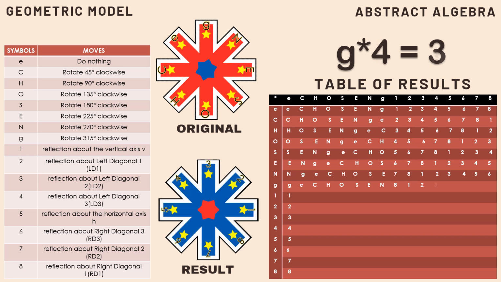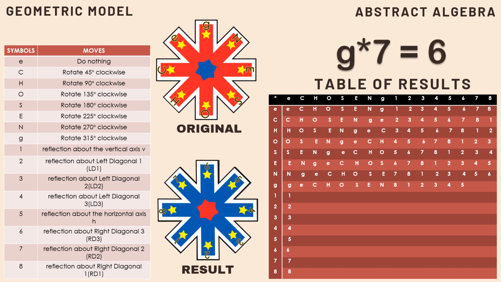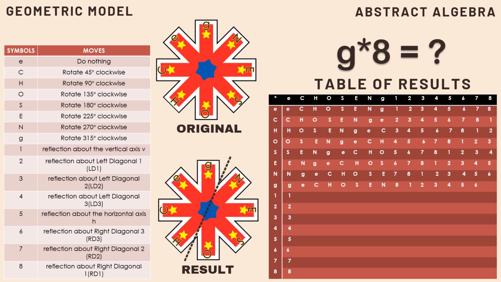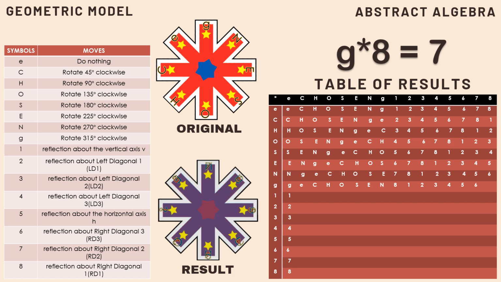G star 5 is 4. G star 6 is 5. G star 7 is 6. G star 8 is 7. Now let's move on to our ninth row.